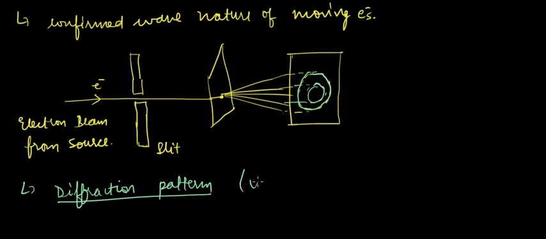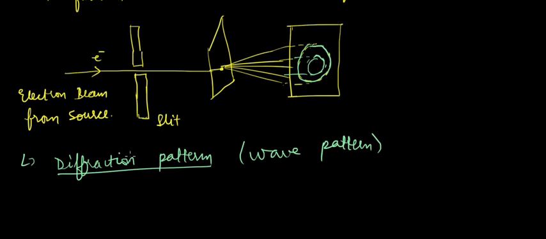This diffraction pattern is also a wave pattern itself. So with the help of a diffraction pattern, we confirm the wave nature of moving electrons. This pattern, the concentric circles, is on the screen for capturing radiations.